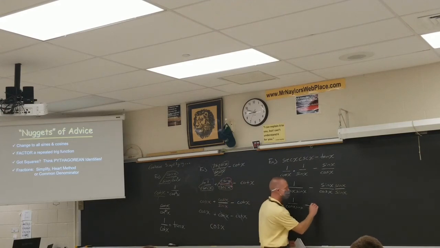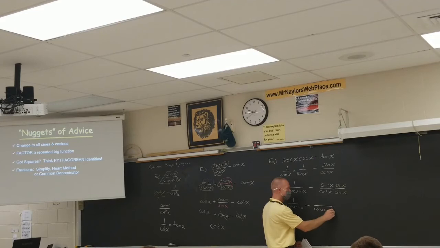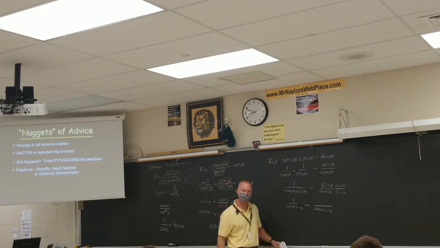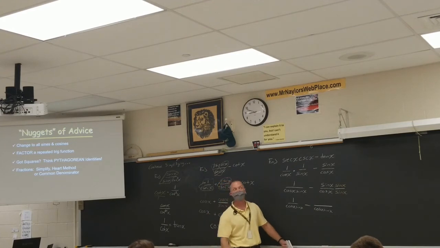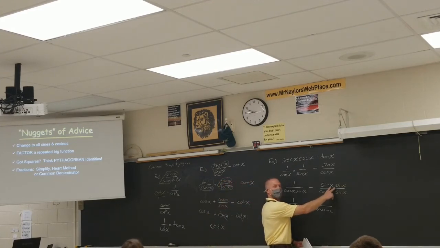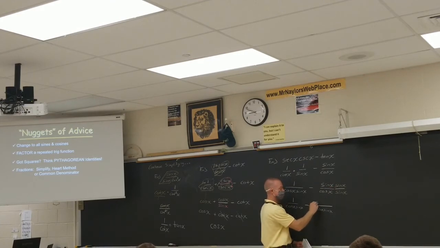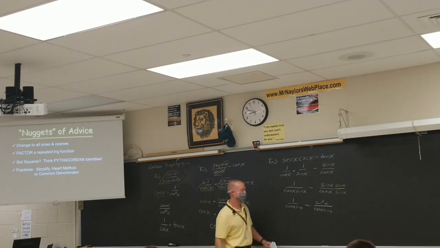Now, this fraction over here is the one that gets a little change. First of all, the denominator is now cosine sine. I'm giving you a moment to look at the numerator because this is special. Sine times sine, you'd want to write that as sine squared.